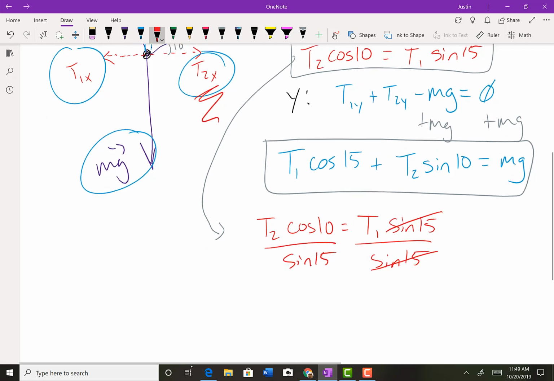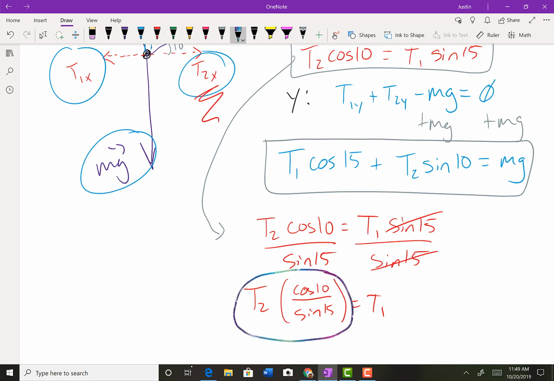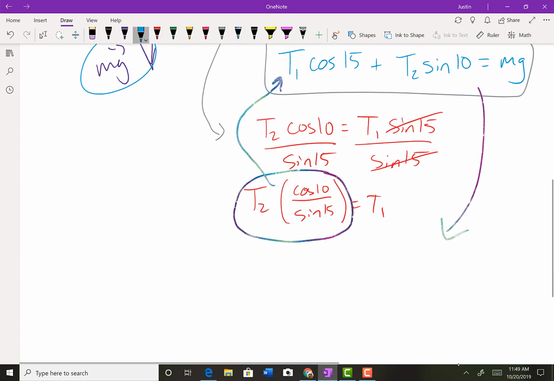Cancel, cancel. And I get T2 cosine of 10 divided by sine of 15 is equal to T1. And now what I'm going to do is take all this nonsense and plug that in for T1. So that's going to lead me down here.